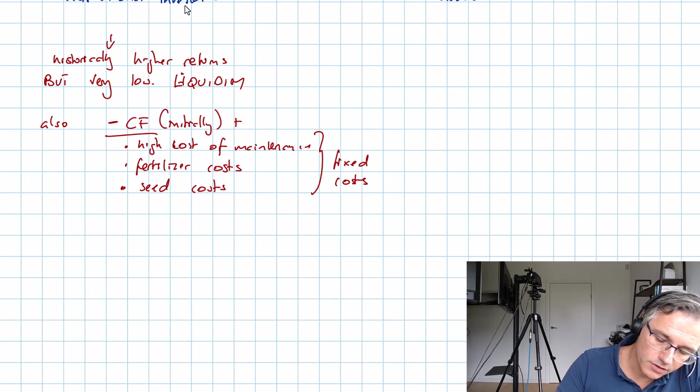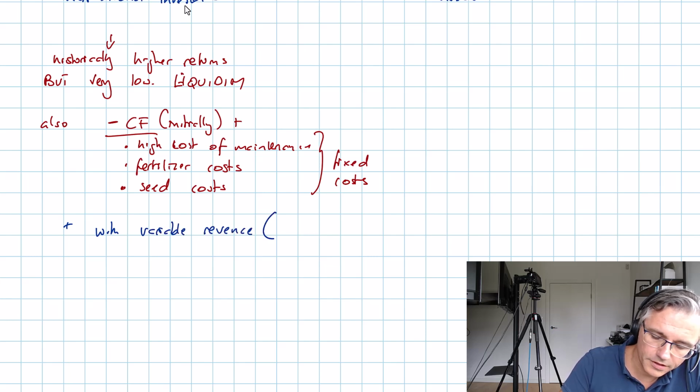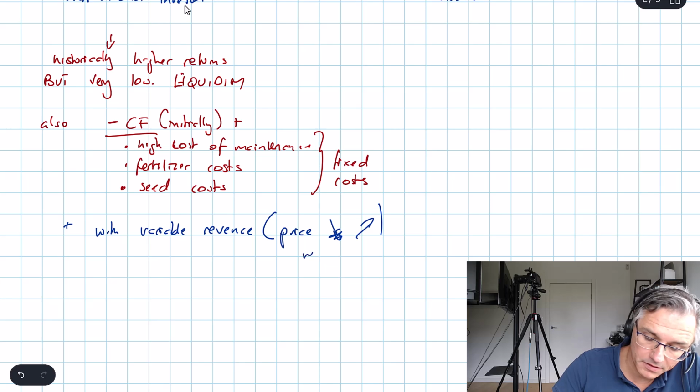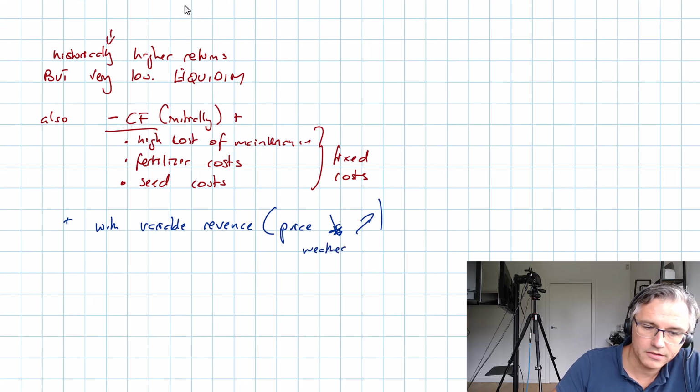So with those fixed costs, we've got variable revenue, where the price of your crops may go up and down depending primarily on weather patterns.